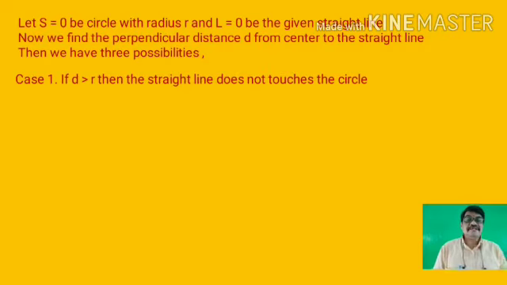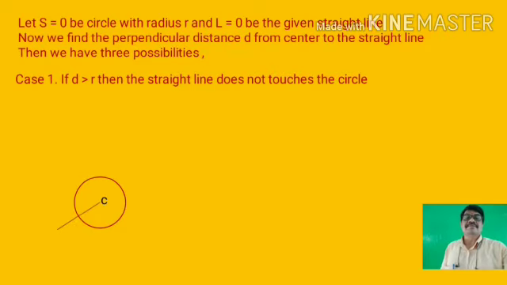The first case is if r is greater than d, then the straight line does not touch the circle. See this diagram. This is the circle, this is the center. In this case, the line does not touch it. Here we are comparing d and r.